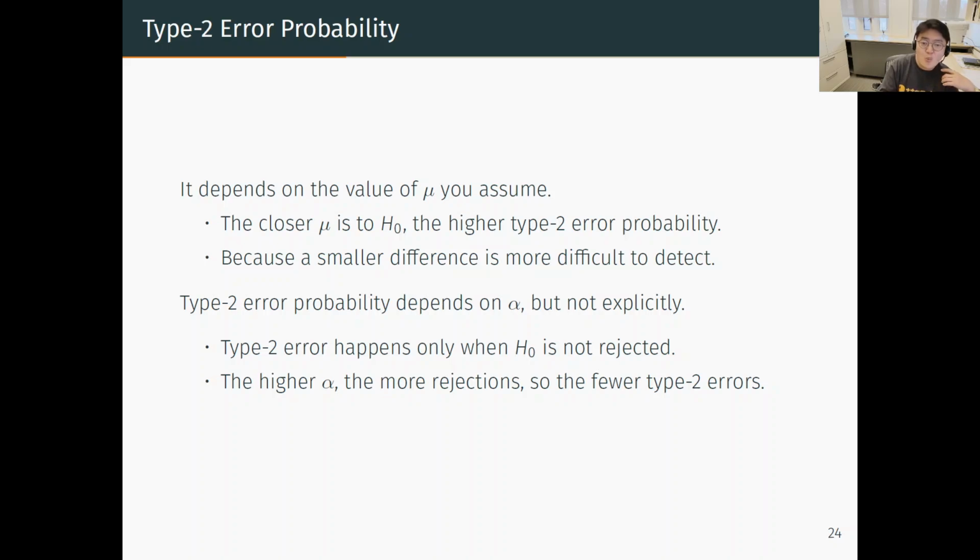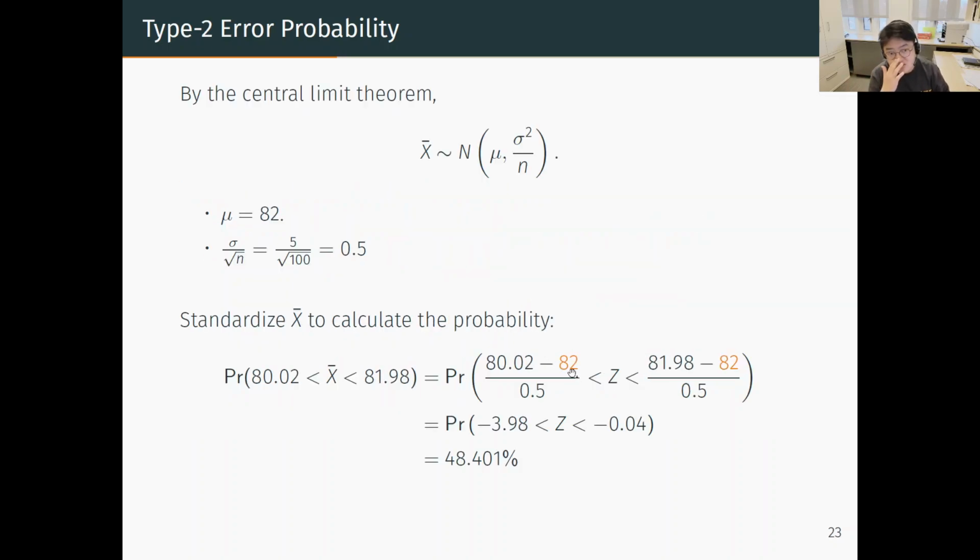So whether you can make a correct decision or not, a correct rejection or not, depends on how wrong your hypothesis is. The smaller the difference, the smaller the deviation from the truth, the more difficult it is to detect the difference. That's the key idea. In this case, I only assume a 1 milligram difference, which is very difficult to detect.